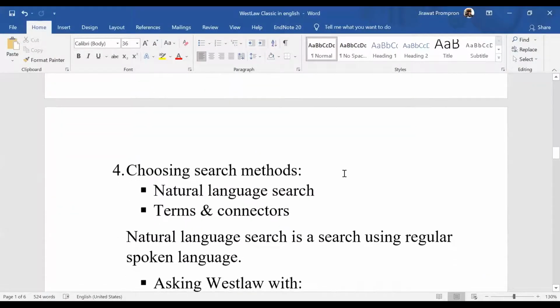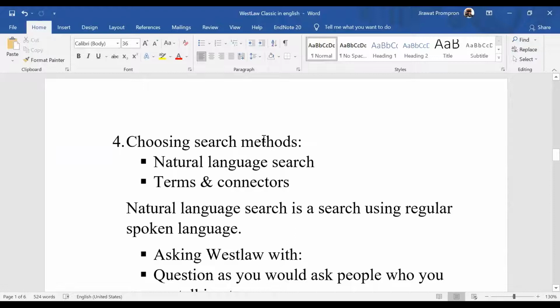The next step is to choose the search method. There are two types of search method that Westlaw provides. The first one is the natural language search, and the second one is terms and connectors. Back to Westlaw again.